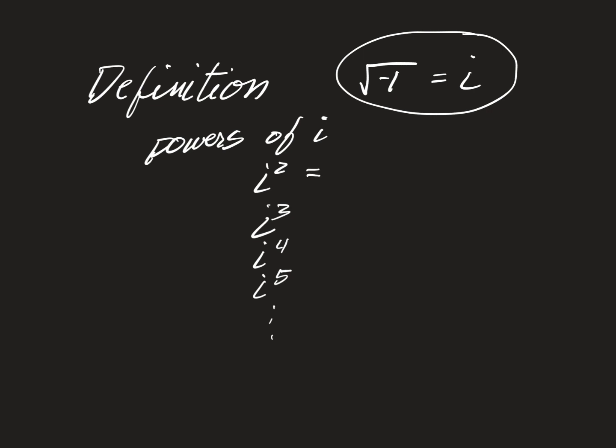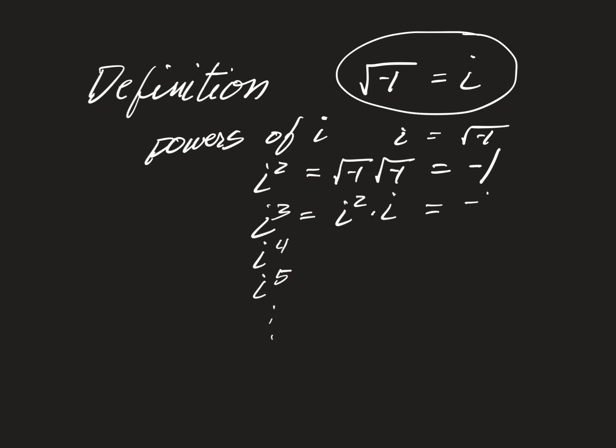So i squared is the square root of -1 times square root of -1, which is equal to -1. Okay? So i is equal to the square root of -1. i squared is -1. So what's i cubed? Well, i cubed will be i squared times i.